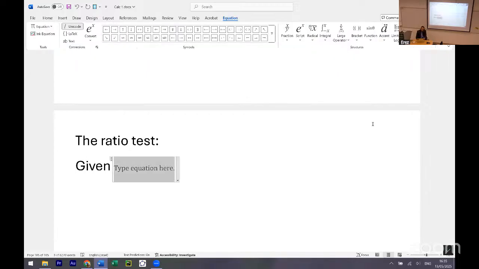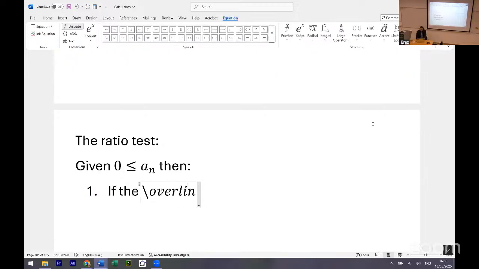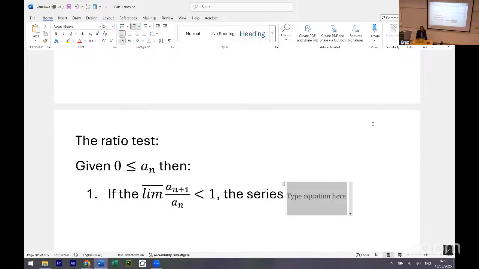In any case, the ratio test, and you'll see the small, interesting difference here. Given a non-negative sequence, then one, if the lim sup of the ratio a_{n+1} over a_n is smaller than 1, the series, no, it's not enough.